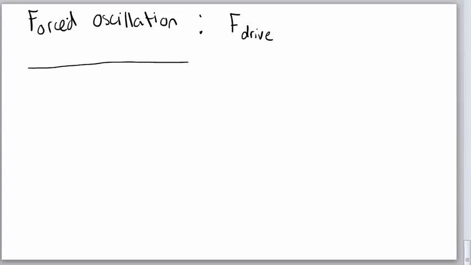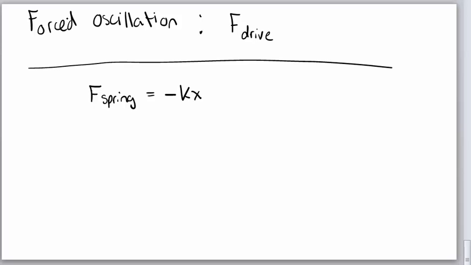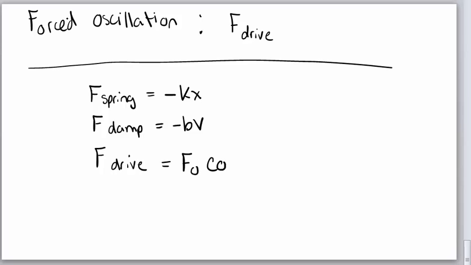So in summary, these are the forces that we have in place. The spring force, F spring, which is negative kx. We have the damping force, F damp, which is equal to negative bv. And we have the driving force, F drive, which is usually a sinusoid, so F naught cosine of 2 pi f drive t, where small f drive is the driving frequency.